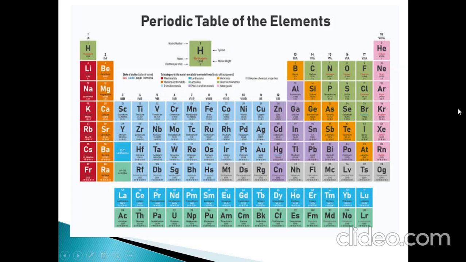Now, period number is equal to the number of shells. In the case of hydrogen, the atomic number is 1, so it consists of only one shell and it is placed in period 1. Lithium has 2, 1 as its electronic configuration.